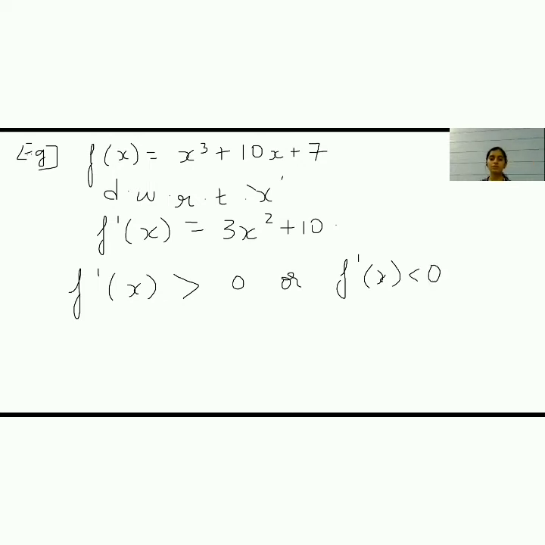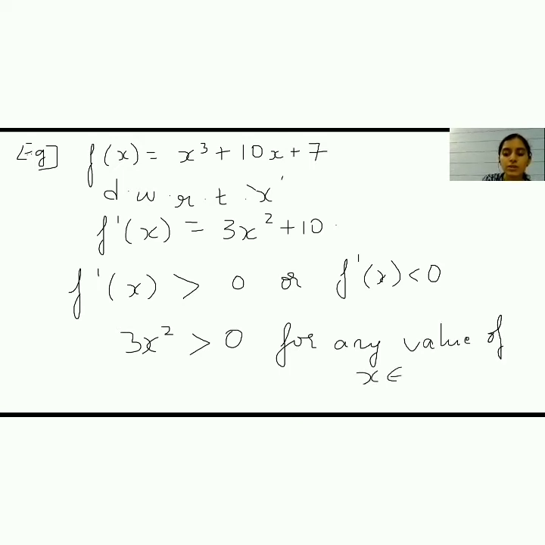Now observe what is f dash of x. It is 3x square plus 10. Let's break this: 3x square will always be greater than 0 for any value of x. Is that correct? Any value of x belonging to real numbers, right? So any value of x, let's say I take 1, it will be 3, 2, it will be more than that, right? So it's always going to be greater than 0. Then what about this part, plus 10? Of course, 10 is already greater than 0 that we can see.